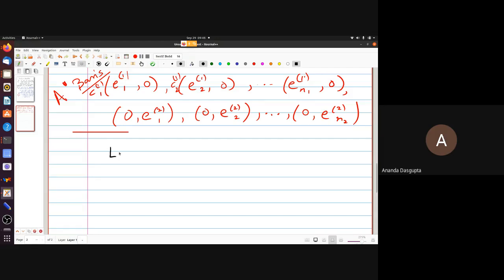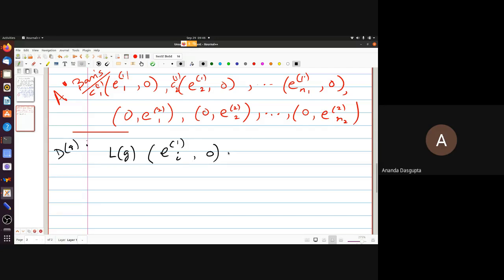You're supposed to take a given operator L_g. So to find out the matrix representation corresponding to the group element g of capital G, you need to take the linear operator L_g and act on a basis vector. Now, what are the basis vectors? They are either of the form (e_1i, 0) or (0, e_2j).